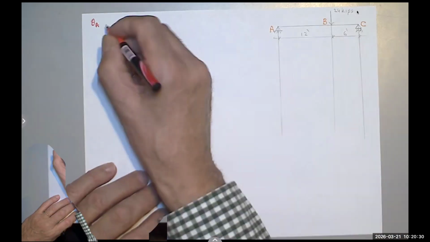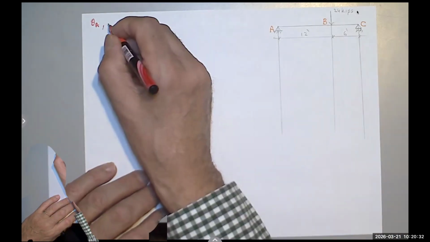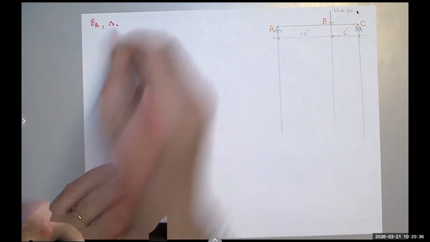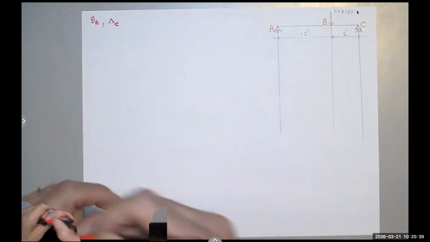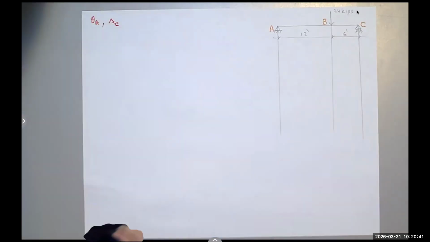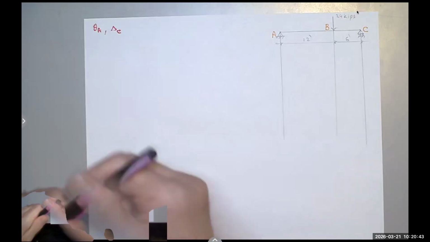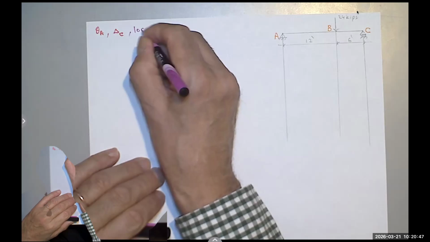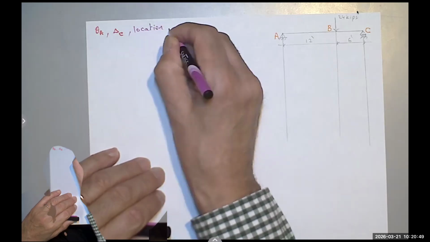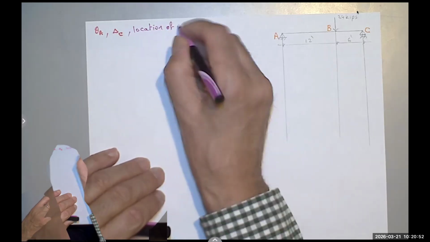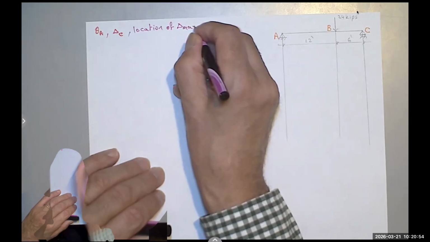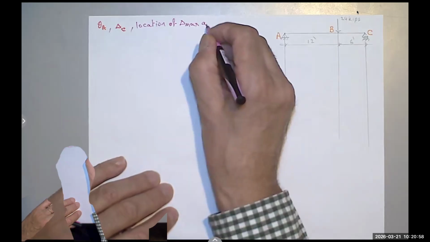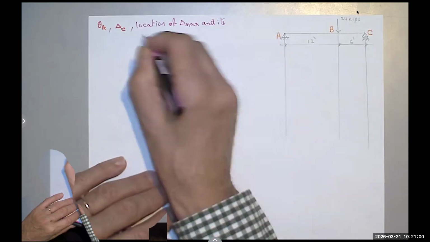So let's say I want to find the deflection at C. And then the location of delta max, the maximum deflection: where does it occur, and its magnitude.